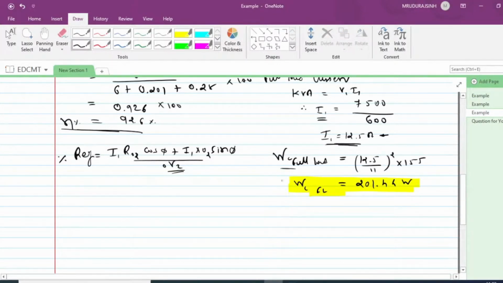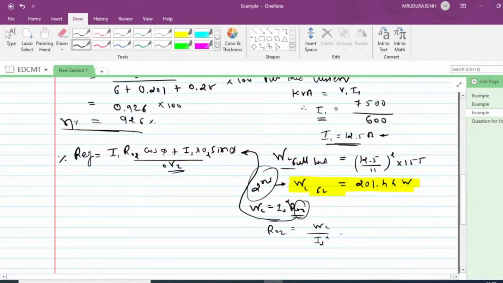Because the copper loss we have calculated here is referred to the secondary side, and if it is referred to the secondary side, then WC is equal to I2 square R02. The resistance we are going to calculate is also referred to the secondary side, and that is why we are writing this equation referred to the secondary side. Okay, so now let's calculate R02 using this equation. R02 is equal to WC divided by I2 square.